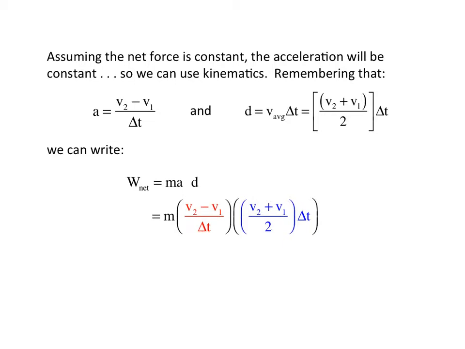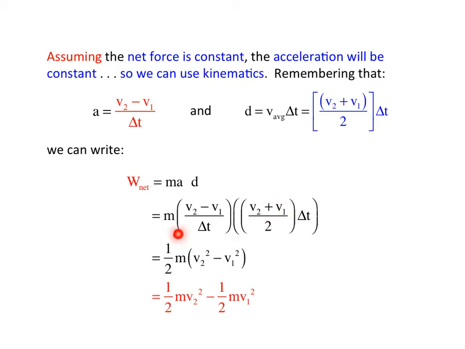And if we were to put that into our m a d expression here, the m comes down, a comes in like so, d comes in like so, and then just doing the math, you have v2 times v2 is v2 squared minus v1 times v1 is v1 squared, and the cross terms, these are negative, these are positive, so they'll add to 0.